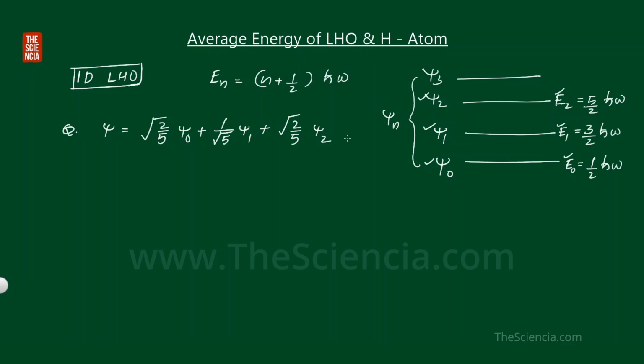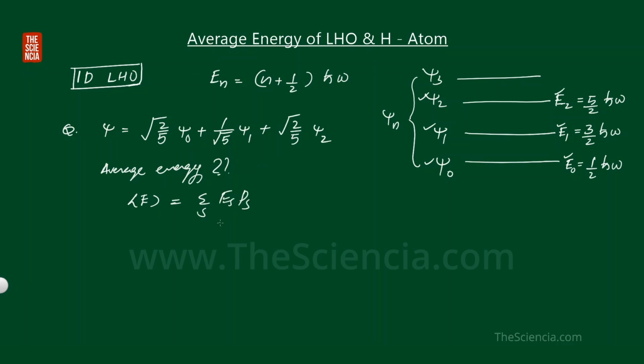So the particle is in a state which is a linear combination of various states of a linear harmonic oscillator. The question is to find the average energy. We know the equation for average energy: the summation over states of ES PS.